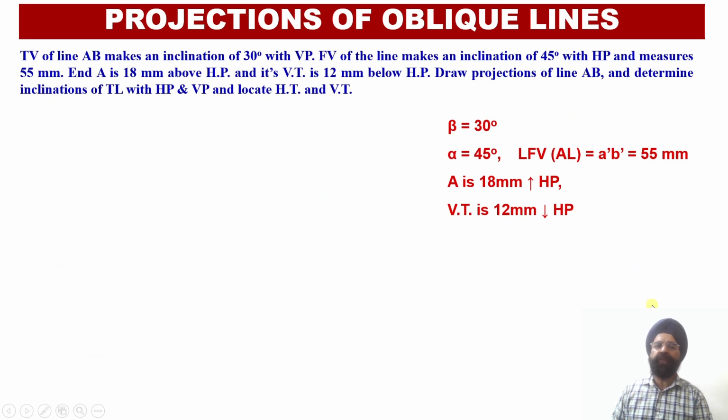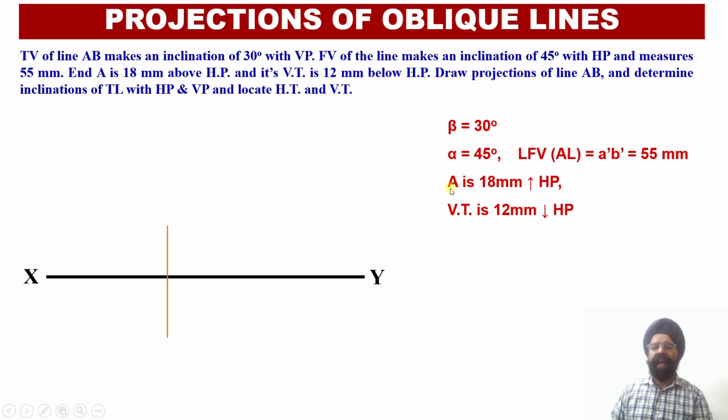So let us proceed with the construction of the projections of this oblique line. First of all, we are going to draw the XY reference line. So here we have it. Next, we know that end A of the line is lying 18 millimeter above the horizontal plane. So we are going to mark this distance of point A, the front view projection A dash.